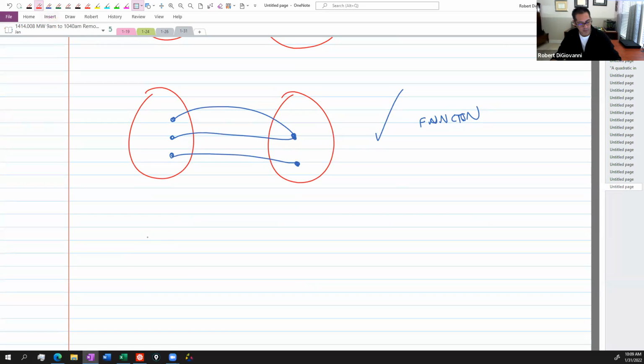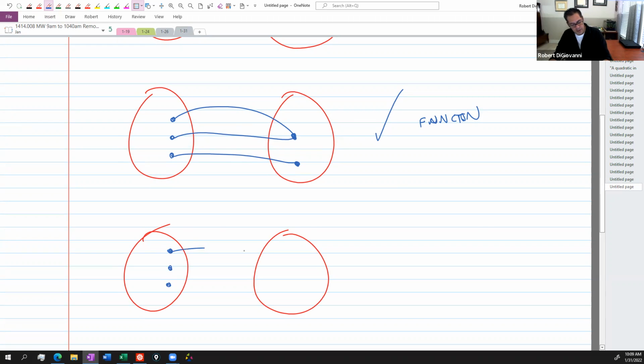Okay, this one. Say that goes there, that goes there, that goes there, that goes there. This would not be a function. And the reason it's not a function is because this one violates the rule, right?